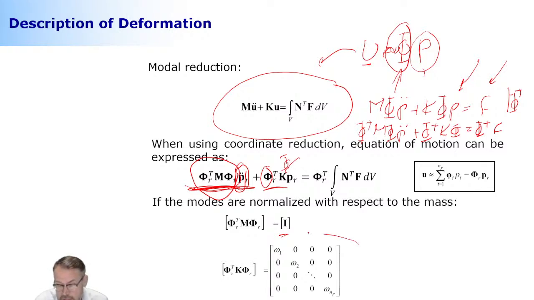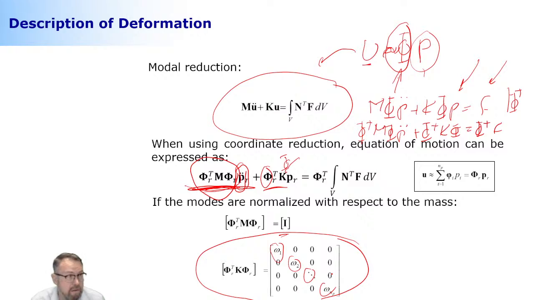And then when you do the scaling like that, the stiffness matrix is going to have the eigenvalues appear in its diagonal components. This depends on how you scale, because you can scale these modes the way you want.